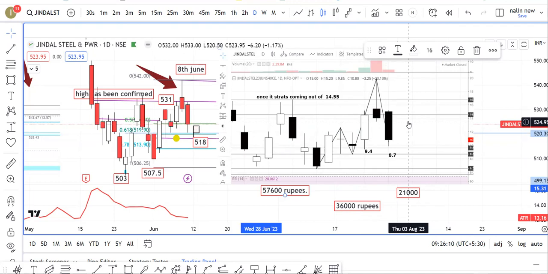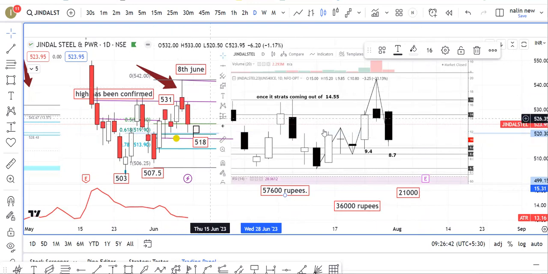And the turnaround will take time. It may take 1 or 2 days, maybe Monday, Tuesday, and Wednesday. But I am confident because of the structure. Once it comes out of the 14 rupees, this option will gain momentum.